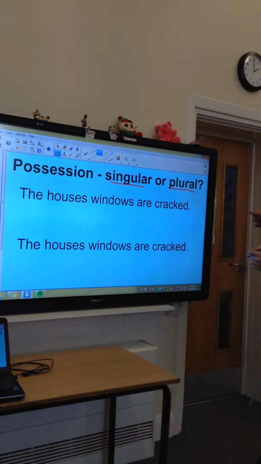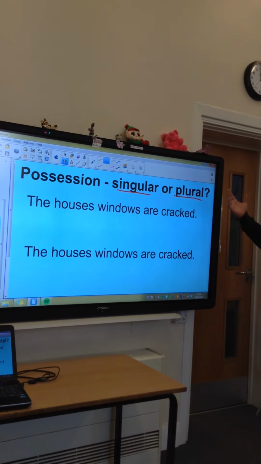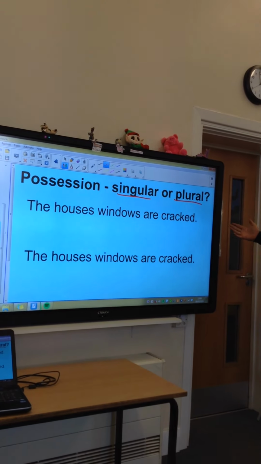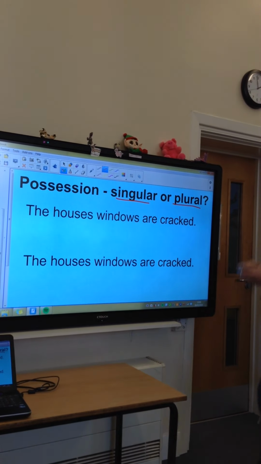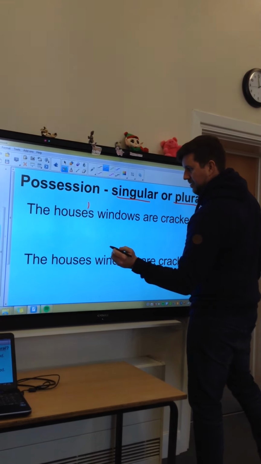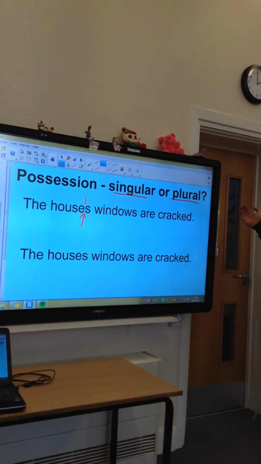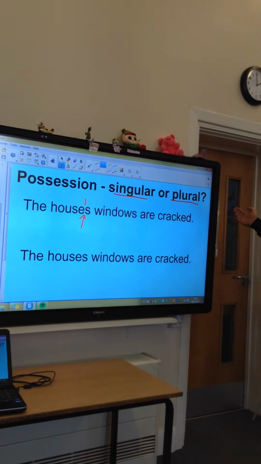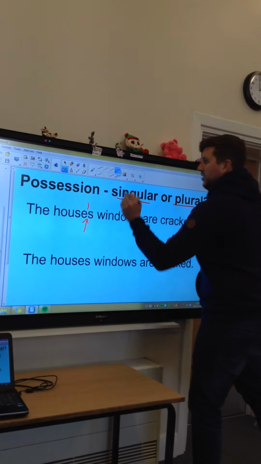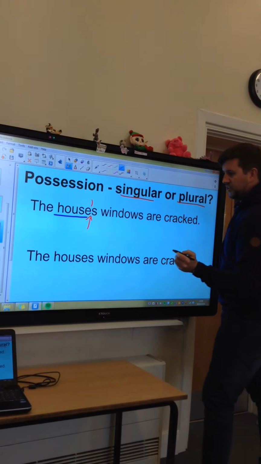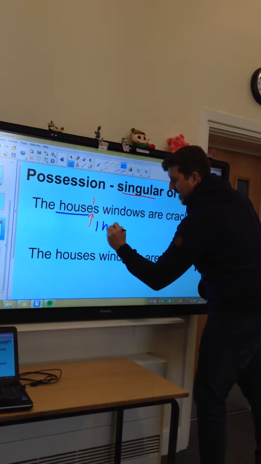Where we put the apostrophe is going to change the meaning of this word. So for instance, if I put it here, the house apostrophe s windows are cracked, that means the windows belong to just one house.